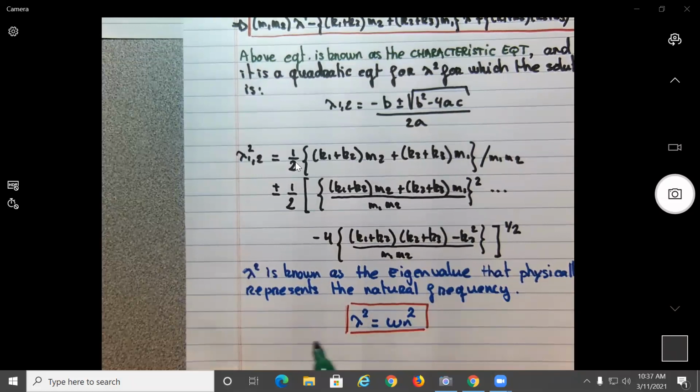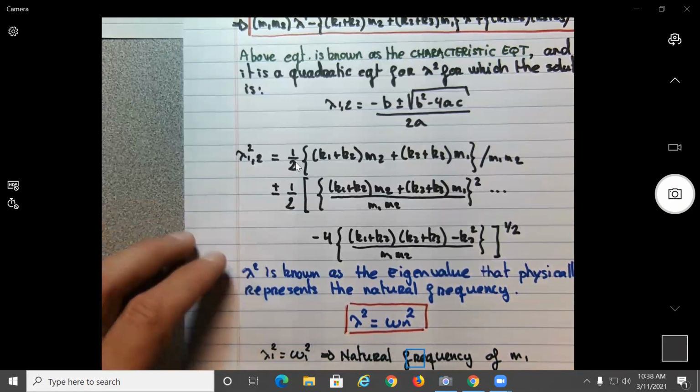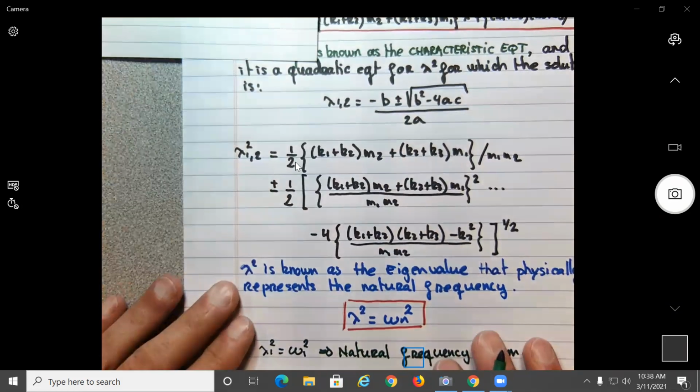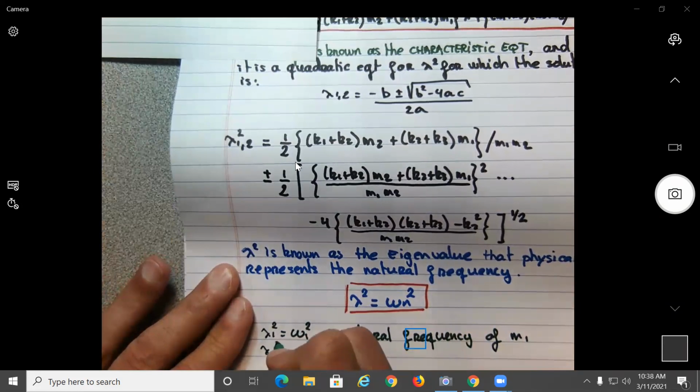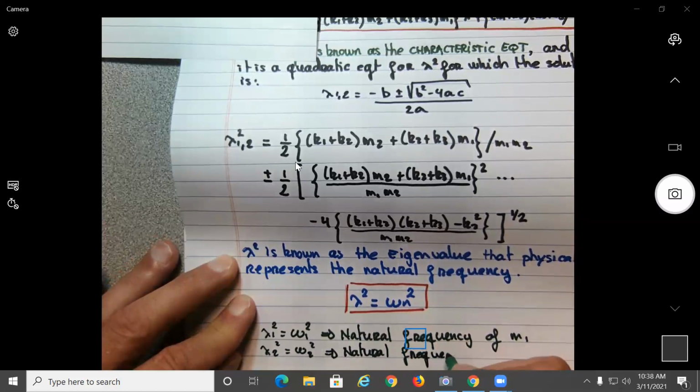So, sorry for that. In our case, lambda 1 square equal to omega 1 square. This is the natural frequency of the mass M1. And similarly, you can say lambda 2 square equal to omega 2 square is the natural frequency of M2.